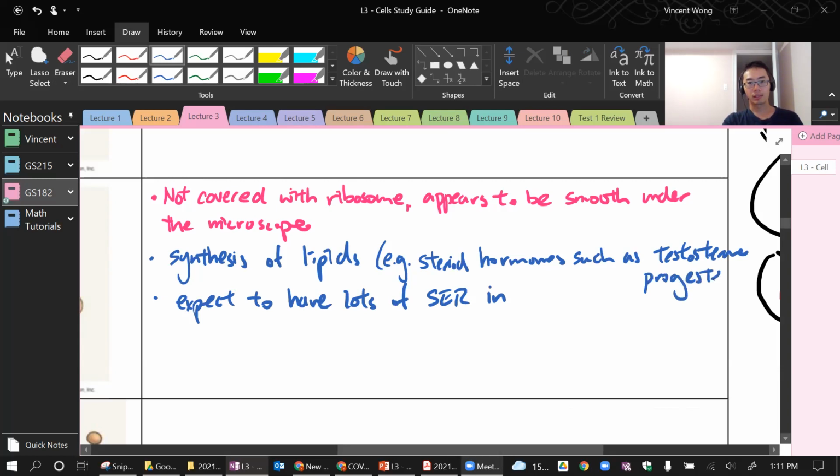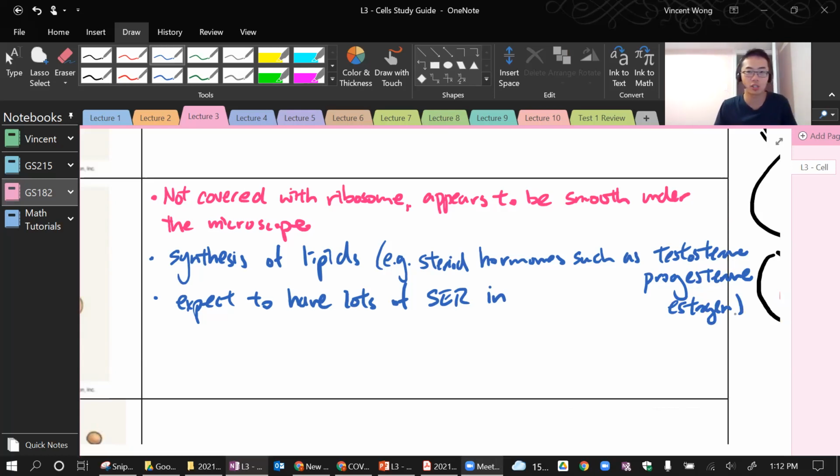Progesterone, right? They all end with ONE, right? That tells you it's a steroid, right? Estrogen. Where do we make those in the body? Anybody? Where did the testosterone come from? Where does the progesterone, estrogen come from? Anybody know?